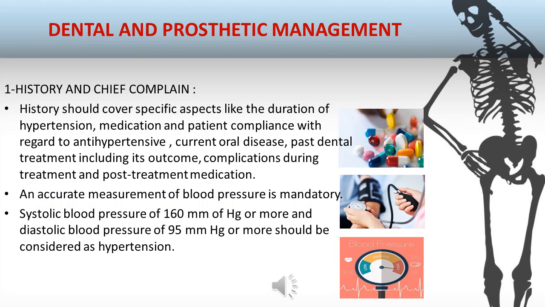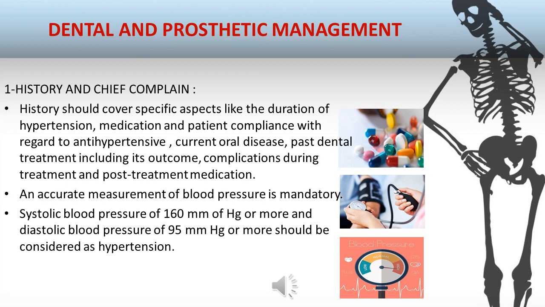Dental and prosthetic management. First, history and chief complaint. History should cover specific effects when dealing with hypertensive patients, like duration of hypertension, medications used to treat it, patient complaints with regard to antihypertensives, current oral disease, past dental treatment, including its outcome, complications during treatment, and post-treatment medications.